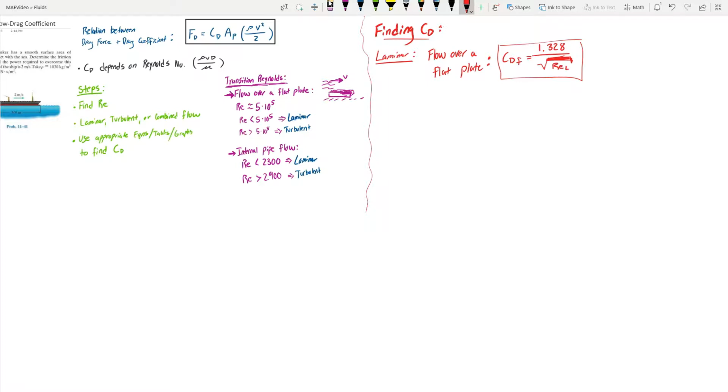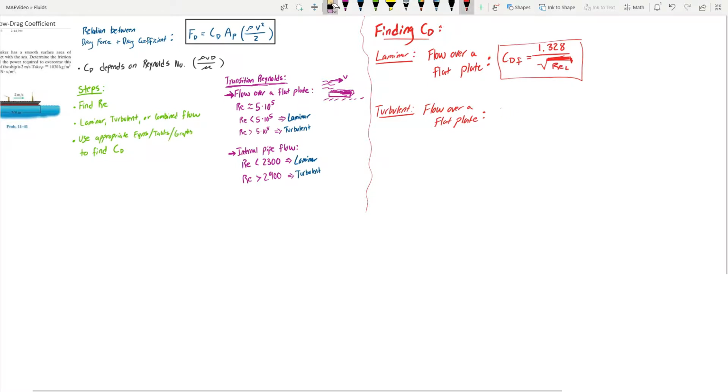And if it's turbulent, and it's also a flow over a flat plate, we have two options here.